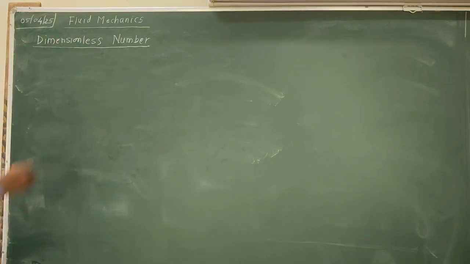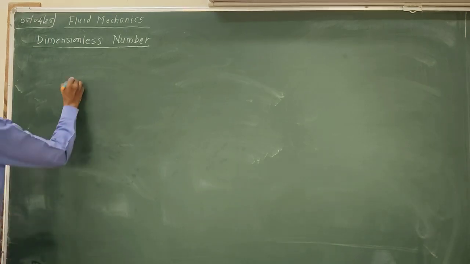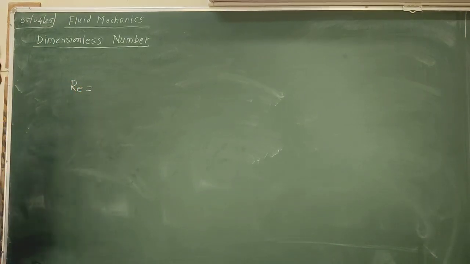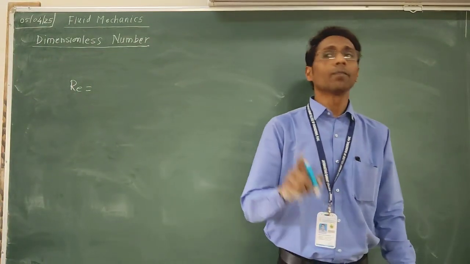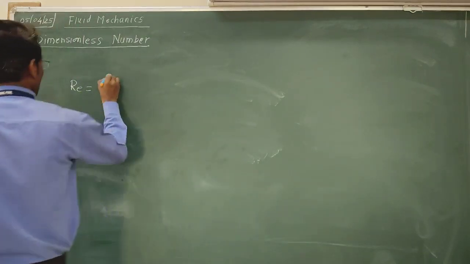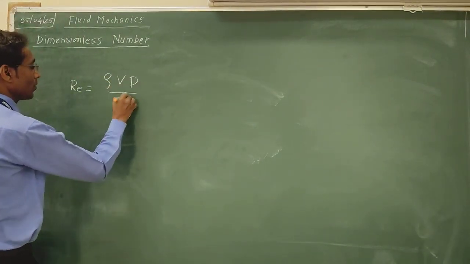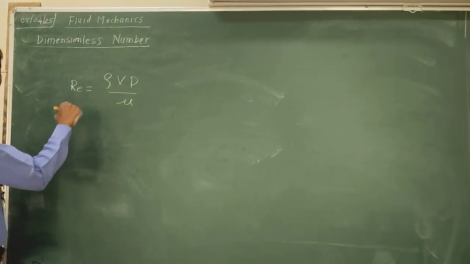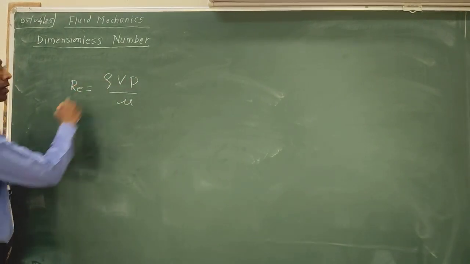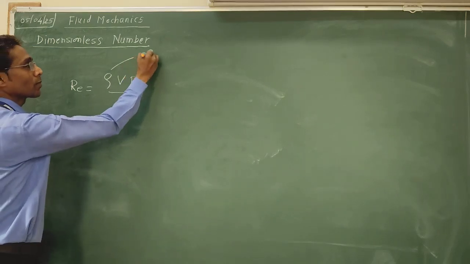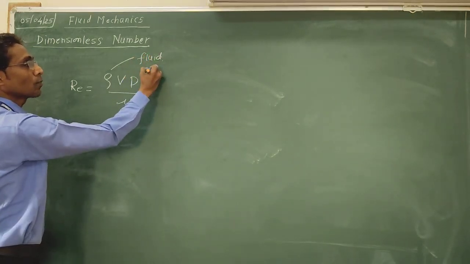Now, a dimensionless number means a group of properties containing one dimensional property, one flow property, and one fluid property. For example, Reynolds number. What is the formula of Reynolds number? We have seen rho Vd by mu. Here we see this is a group of four properties. This property gives information about the nature of the fluid, a fluid property.